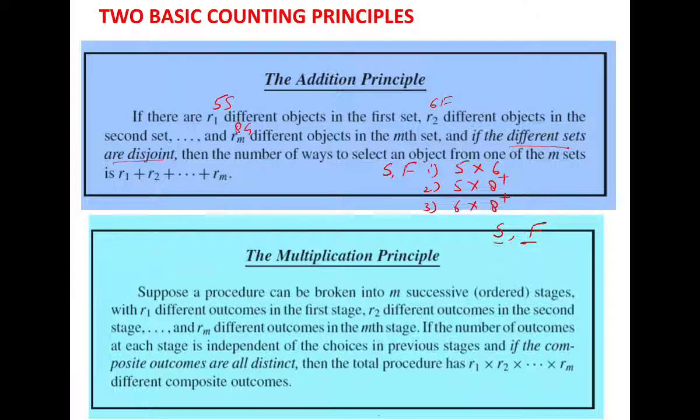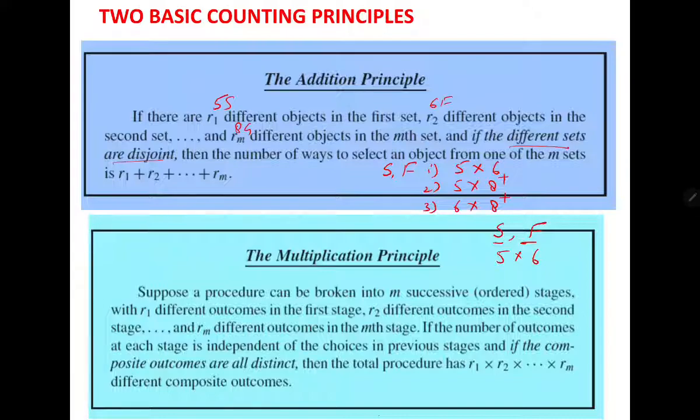Since order doesn't matter, it is equivalent to picking a French book and then the Spanish book. If I break it into successive stages, then the total procedure has R1 cross R2 different composite outcomes, and that's why the outcomes were 5 cross 6.